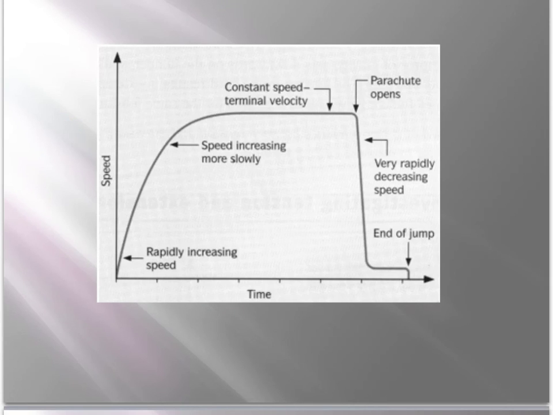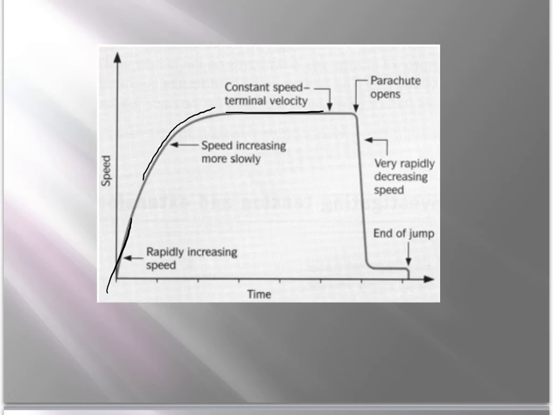So here is the graph of a parachutist jump. You can see the first section just down here, very steep slope. The speed is increasing rapidly, tailing off as air resistance increases due to the high speed, reaching a constant velocity called terminal velocity.